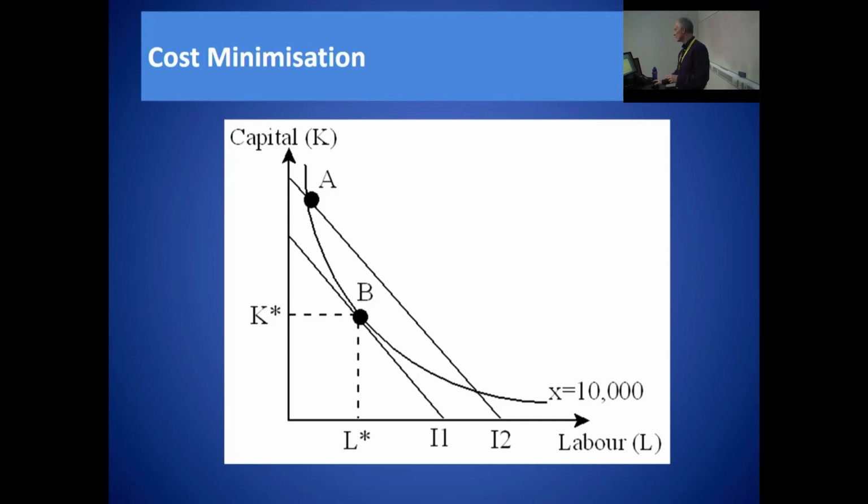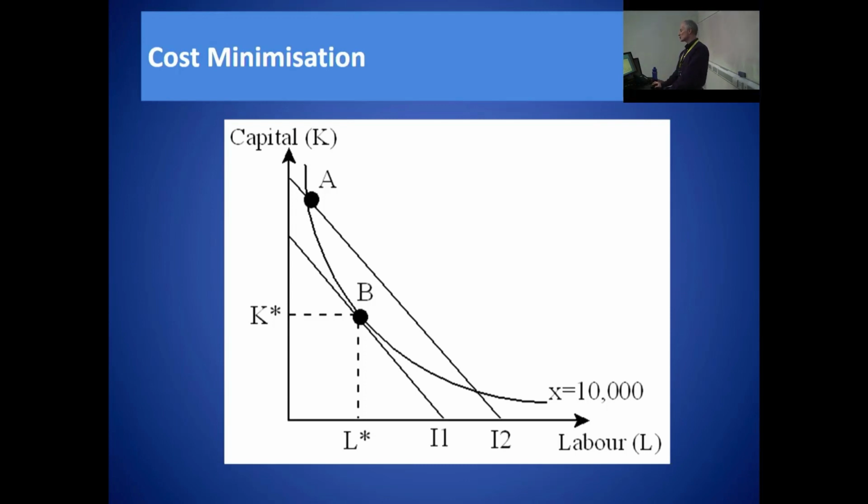Let's say that we're at point A. Point A is a combination of labour and capital that lies upon our isoquant for 10,000 units. So we could combine labour and capital to produce 10,000 units of output. What does that imply for costs?